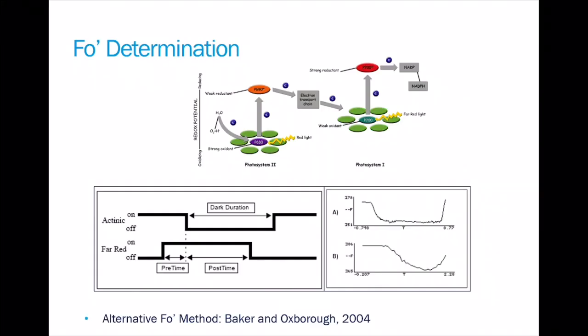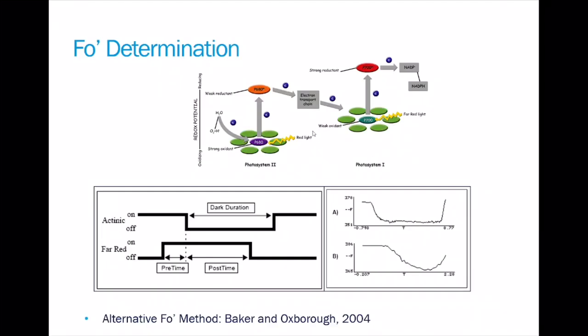Another couple of parameters are required for determining F0'. We do have far red light available in the fluorometer, and the basics are to turn off the actinic light, or the light driving photosynthesis, and preferentially apply far red light, which is absorbed by PS1.